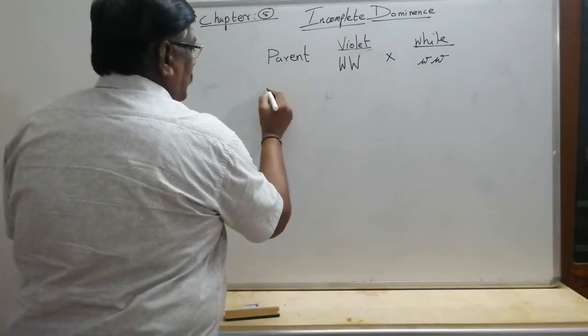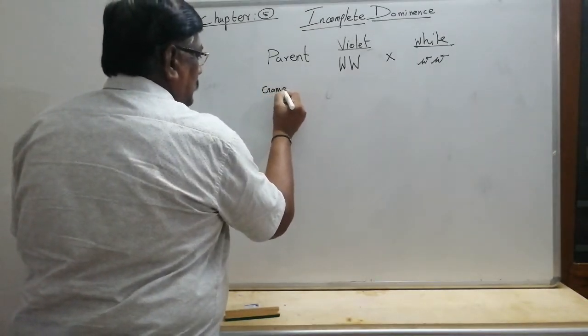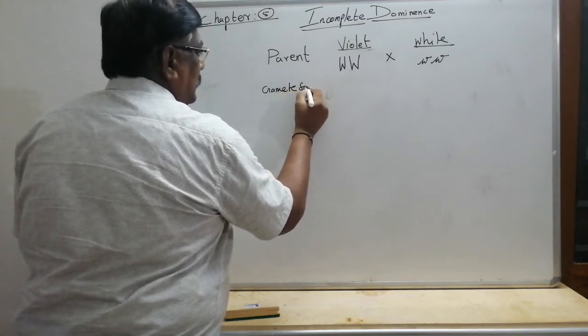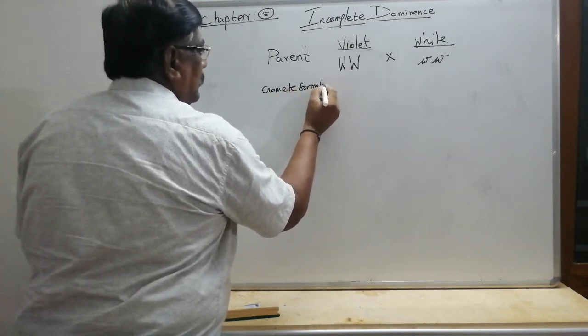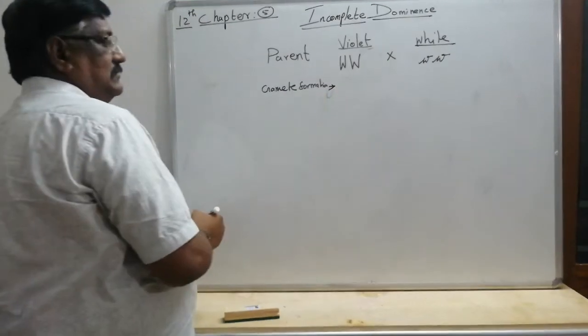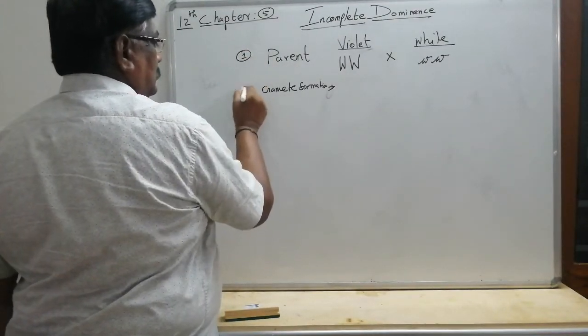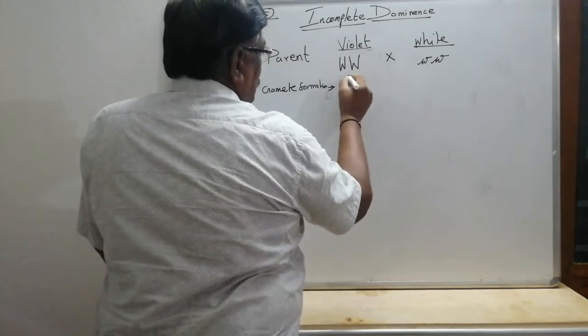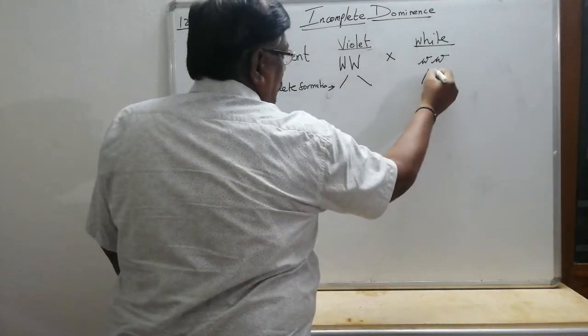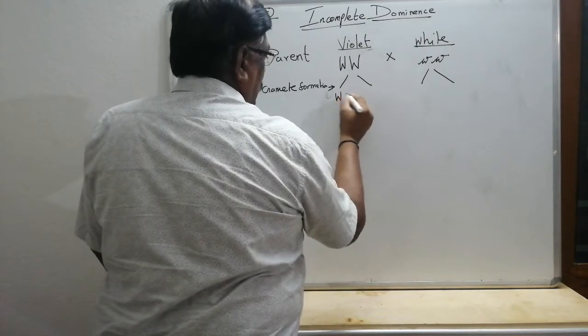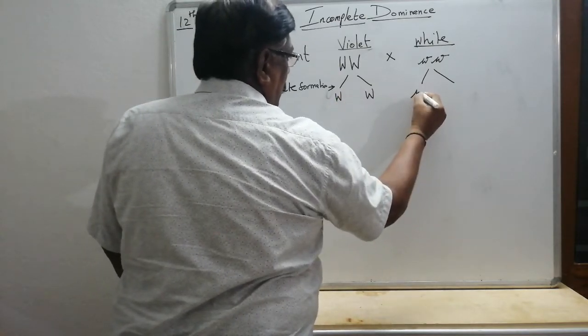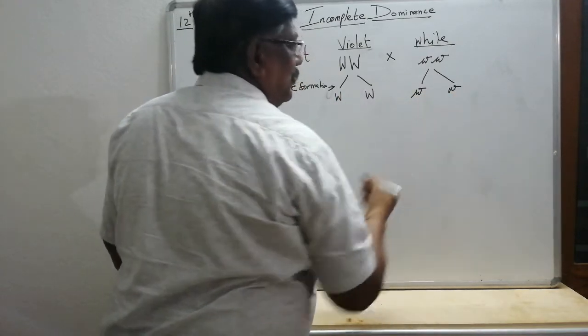Now what happened? Gamete formation. Second step. This is step 1. Step 2. How are the gametes formed? They get separated. What's the rule I said?